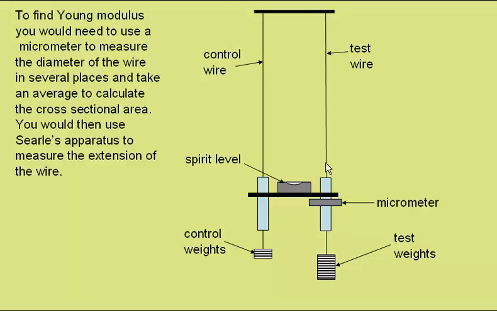The test wire supports the other side of the bridge, and the height of this bridge is adjustable on the test wire side by use of this micrometer. We can adjust the number of weights on the test wire and then adjust the micrometer to ensure the spirit level is level, and then read off the amount by which this side of the bridge has been raised, and therefore the extension of the test wire.